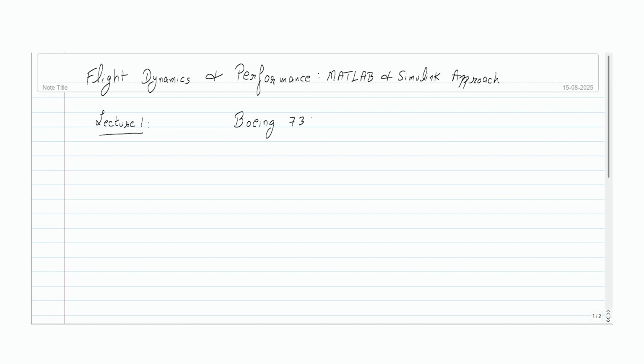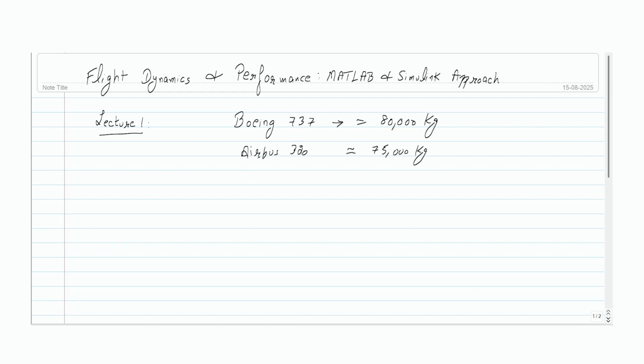Boeing 737, the mass of such an aircraft is approximately around 80,000 kilograms. Similarly, Airbus A320, its mass is again around 75,000 kilograms.